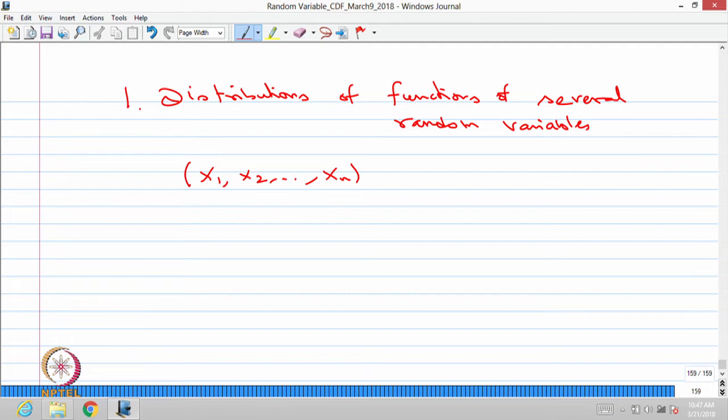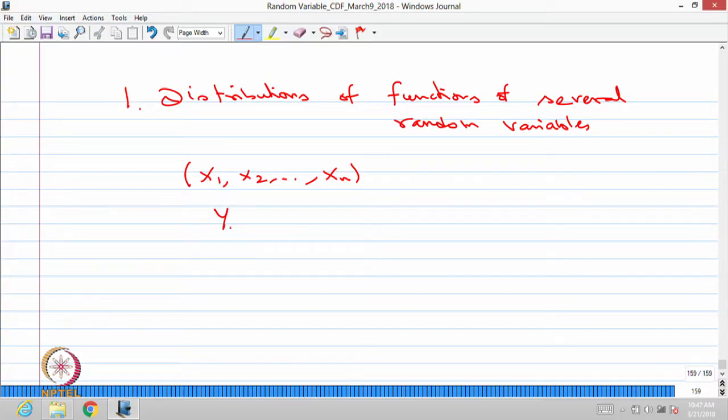That means each one is a random variable. We have n random variables together jointly. Therefore, this is an n-dimensional random variable. The new set of random variables, I say y1, y2, yk. That means the new set of random variables need not be the same size as the earlier set.